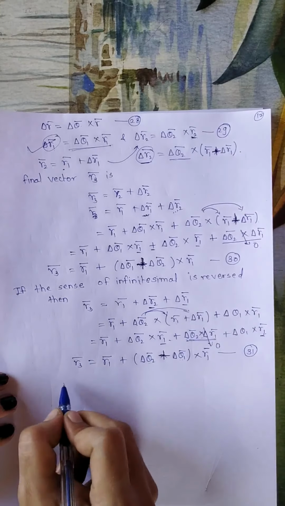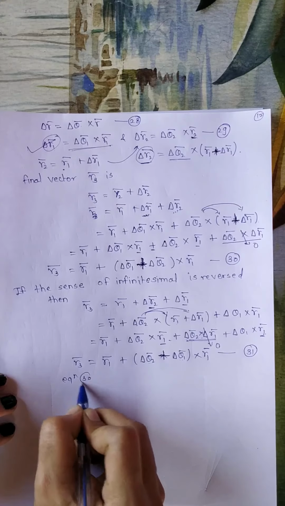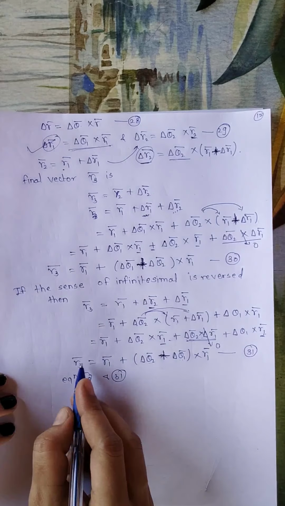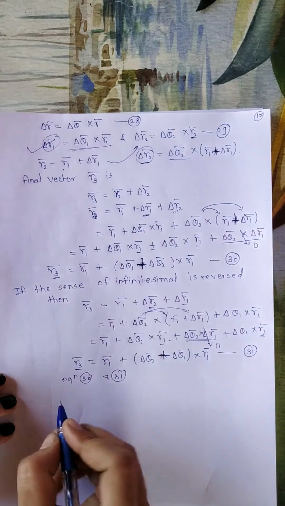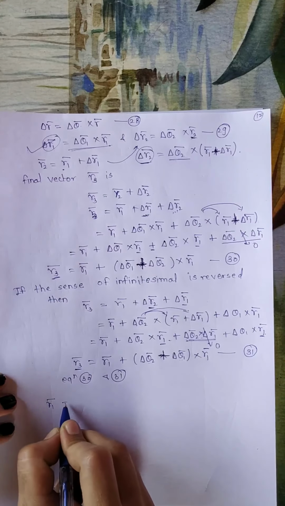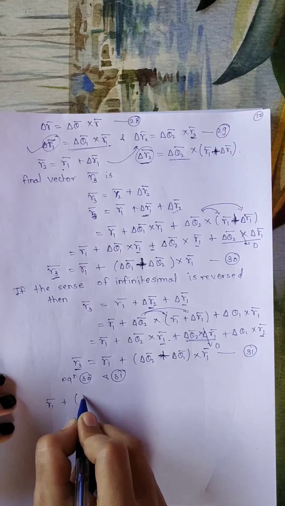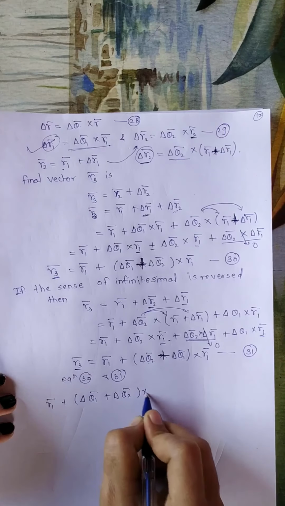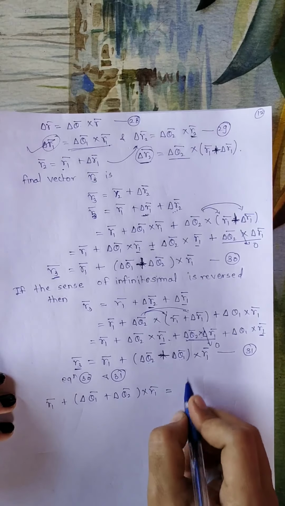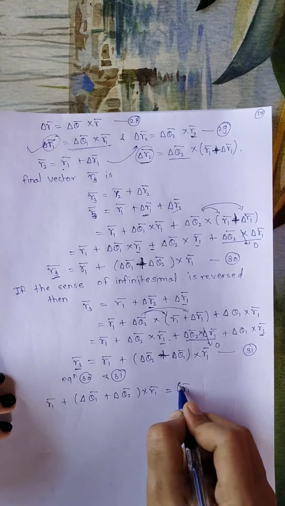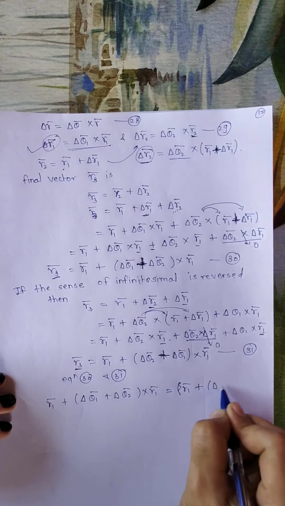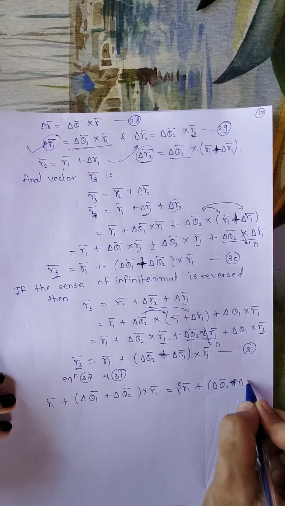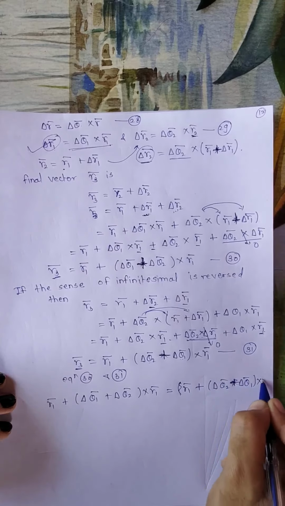So from equations number 30 and 31 I can write that the LHS of both equations are equal. So we can write r1 bar plus delta theta 1 plus delta theta 2 crossed with r1 bar is equal to r1 bar plus delta theta 2 plus delta theta 1 bar crossed with r1 bar.